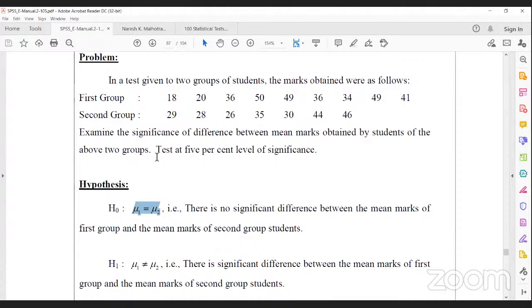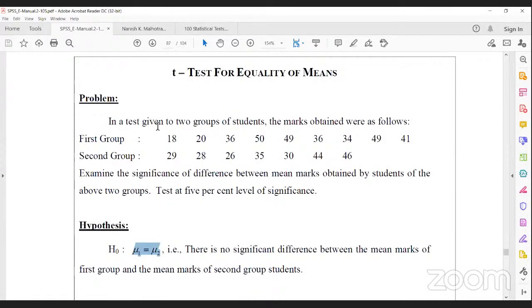So here the problem is that a test was given to two groups of students. The marks obtained were as follows, for the first group and the second group. Examine the significance of the difference between the mean marks obtained by the students of the above two groups.